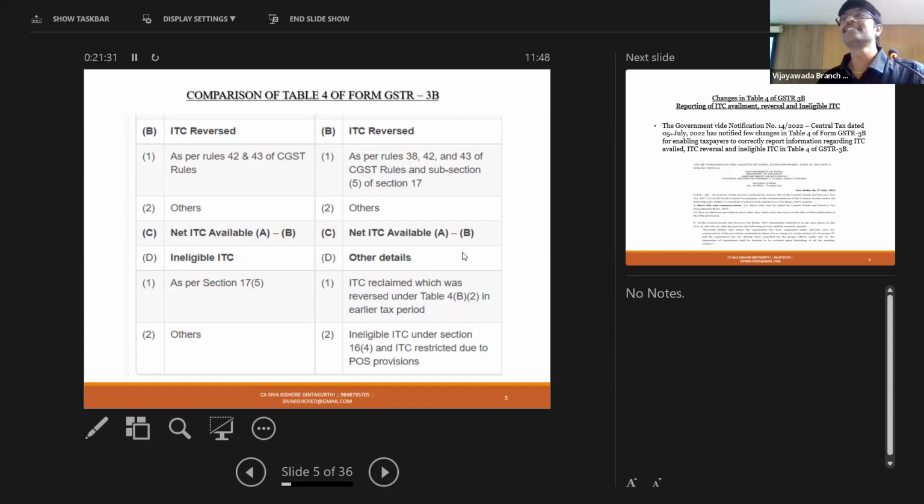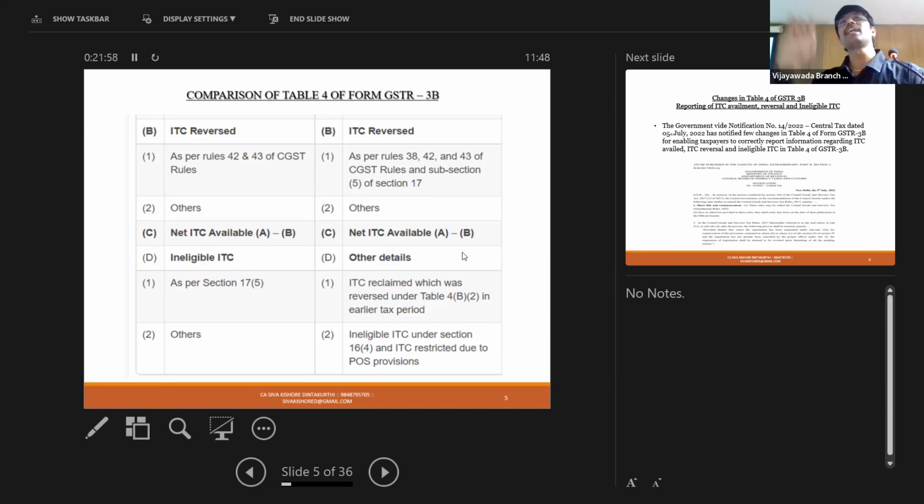What is the next change? I think every January they bring compulsory changes making e-invoice rules mandatory to follow, and also changes in Rule 36(4), giving a lesser shelter or buffer to the dealer.